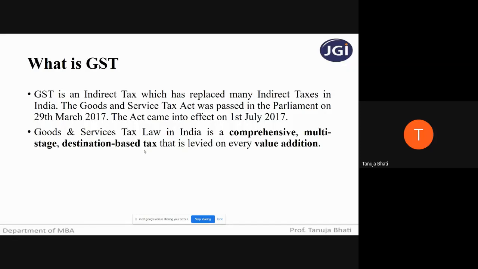So GST is going to be given to the Maharashtra government, not to the Karnataka government. So this is a change that has happened in GST. GST is a destination-based tax, that is consumption-based tax, and it is not origin-based tax. So have you understood why it is comprehensive, multi-stage, destination-based tax on every value addition? Is this clear?